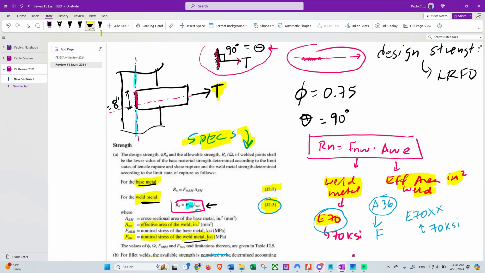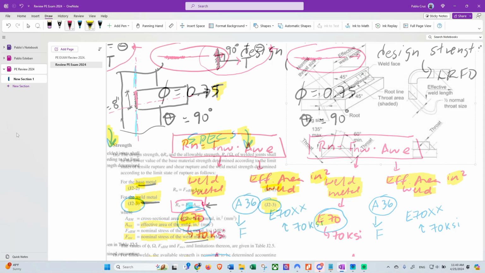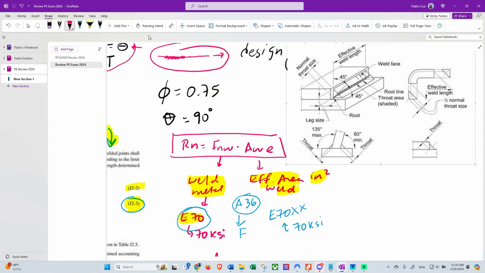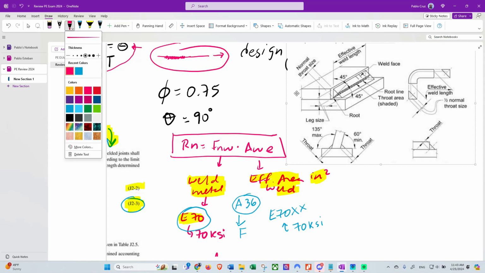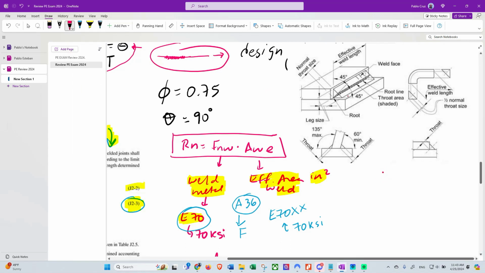But here we have something that we need to figure out. Let me take a pause here and show you what AISC is referring to when it says the effective area of weld. This is the material that we are depositing, that we are using to join, to put together these two plates, right?